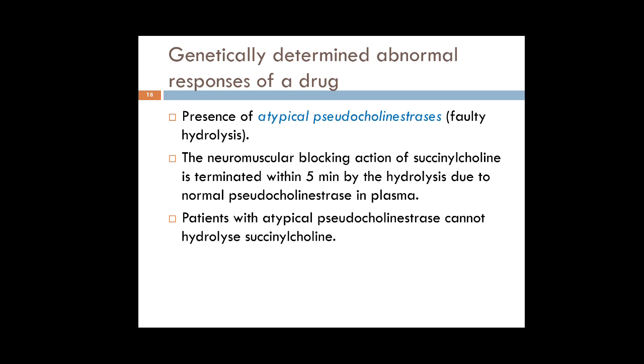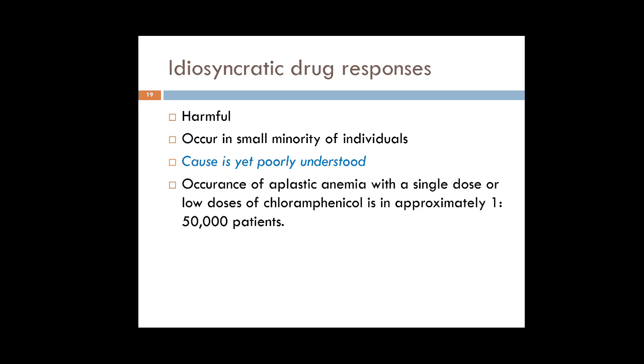But if the patient has atypical pseudocholinesterase, which is because of a genetic abnormality of that particular patient, a different genetic makeup he has, then succinylcholine will not be metabolized in that individual, and it will produce a prolonged effect, that is, prolonged muscle paralysis will be there, and the patient can land up in apnea. Okay, he will not be able to breathe properly.